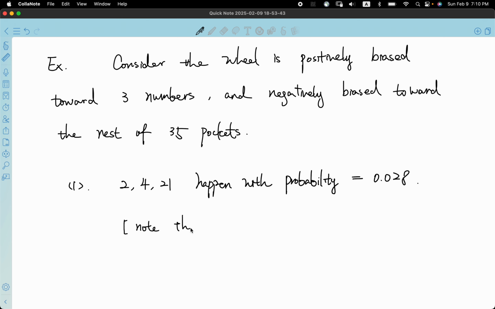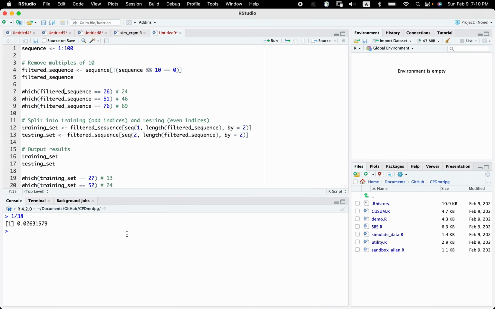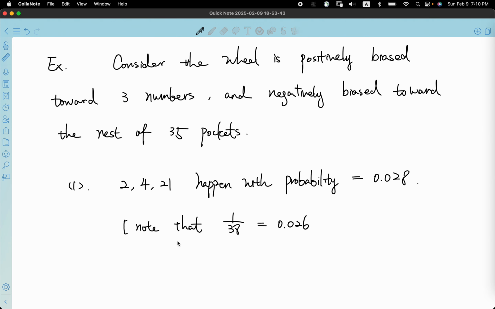Note that 1 over 38 is equal to 0.026315.